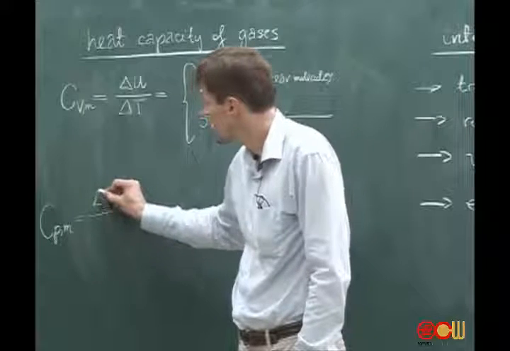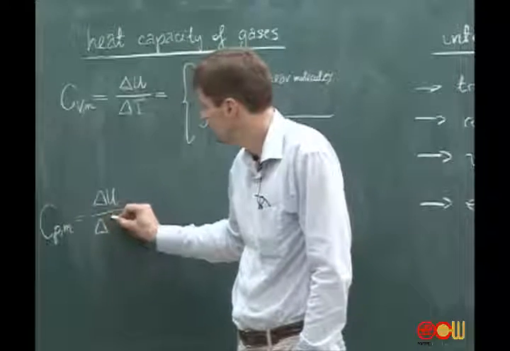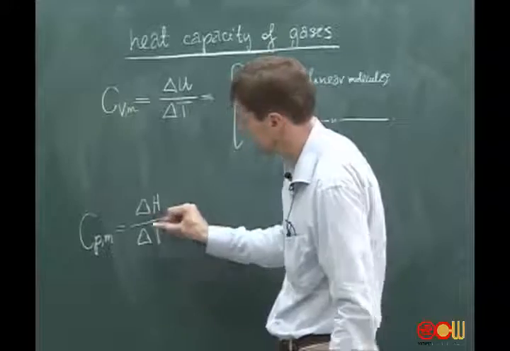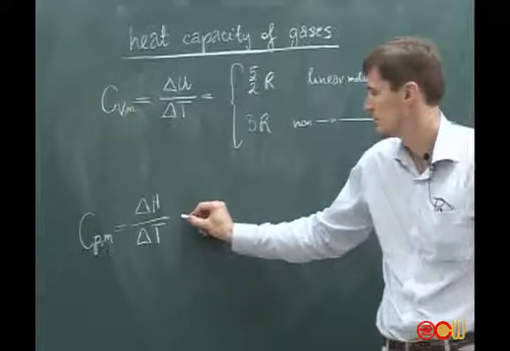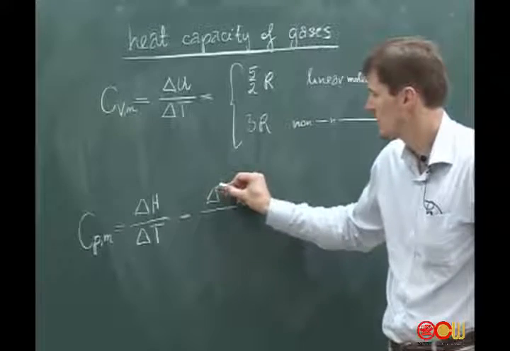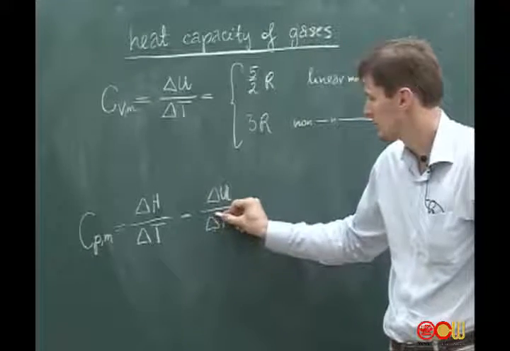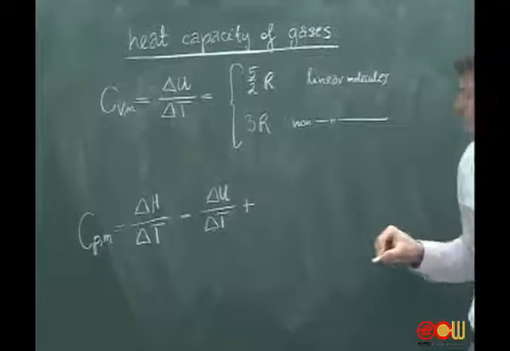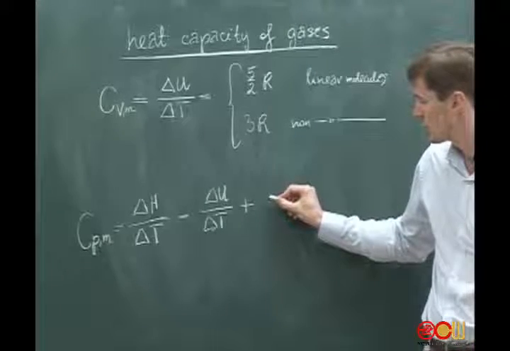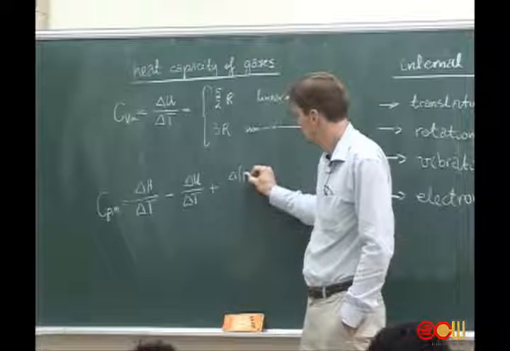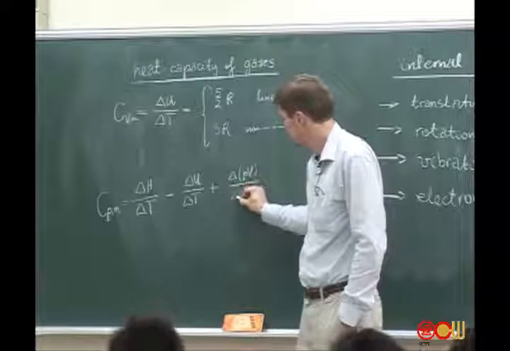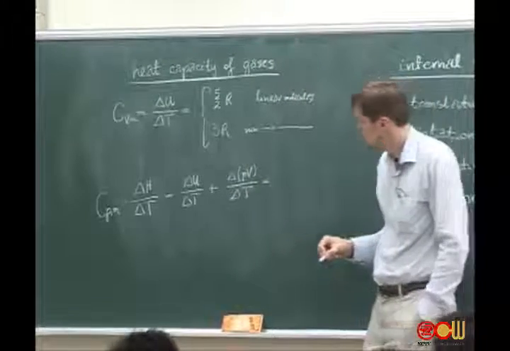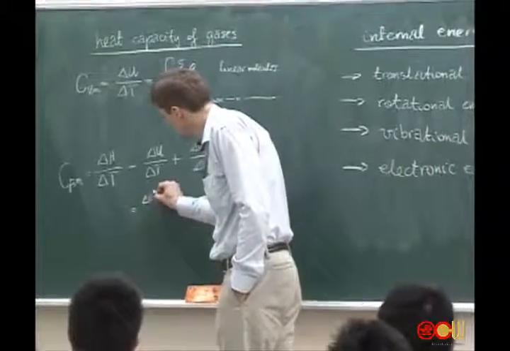We said it is delta H over delta T, which is delta U plus delta PV over delta T. And now I can rewrite this a bit.